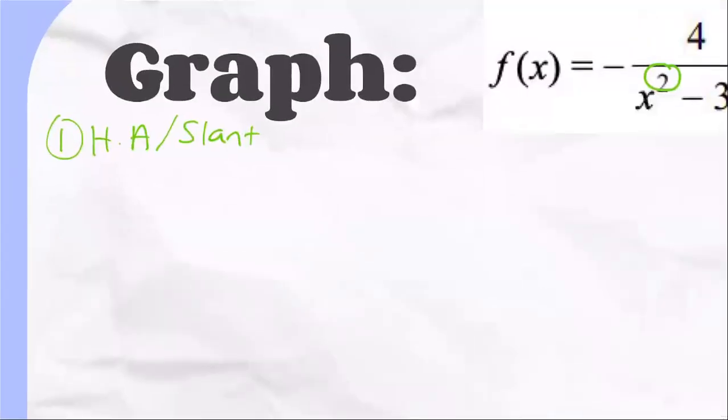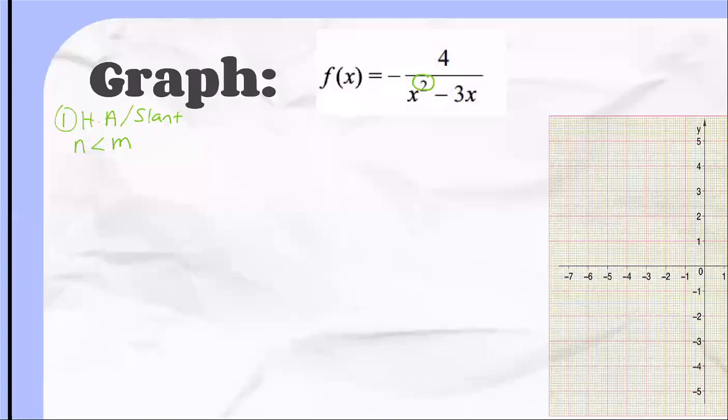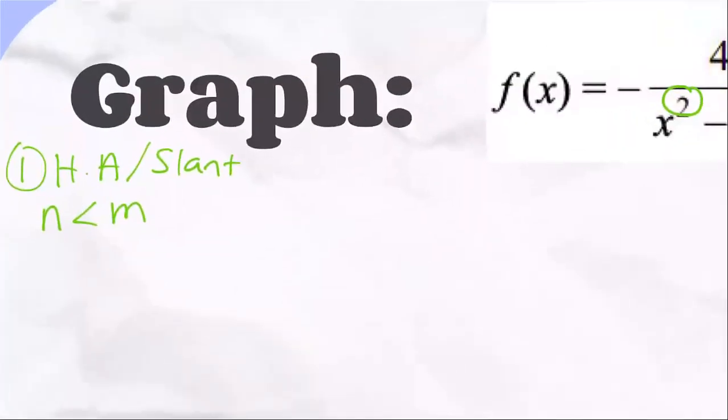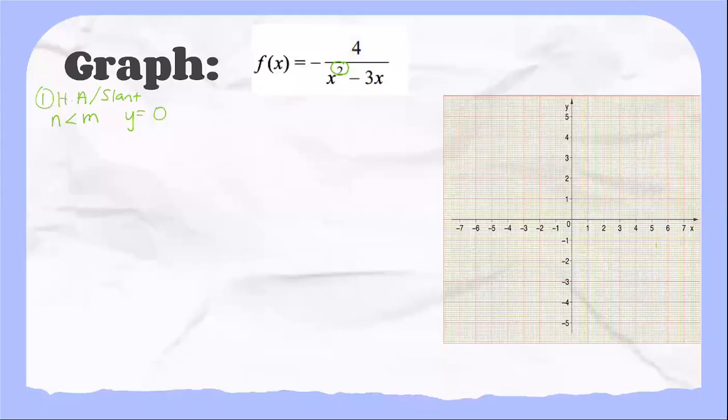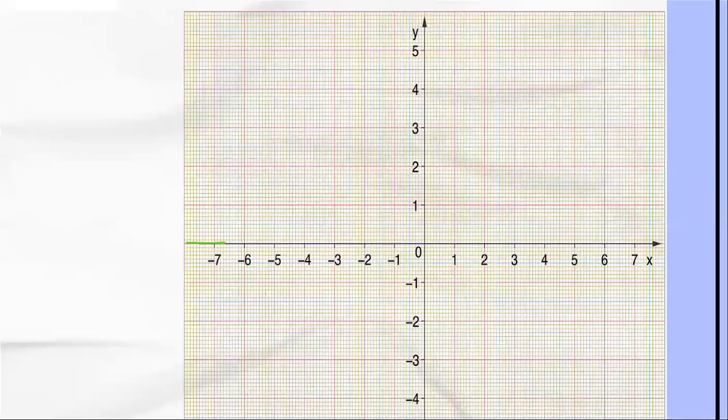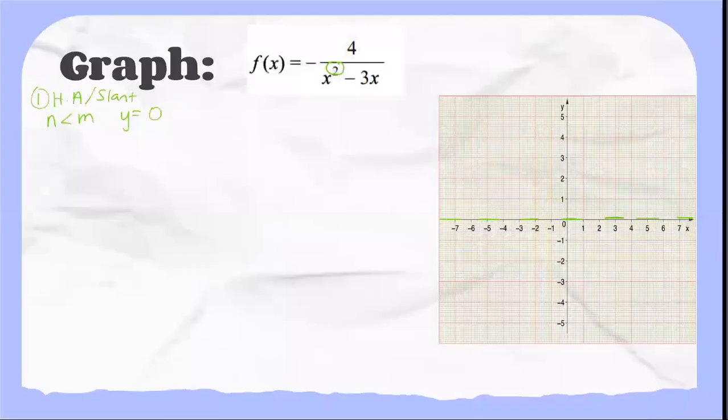So in this case, the degree on the top is definitely smaller than the degree on the denominator. And so my asymptote is at y=0. So over on my graph, I'm going to go ahead and graph the line y=0. That's going to be my horizontal asymptote.